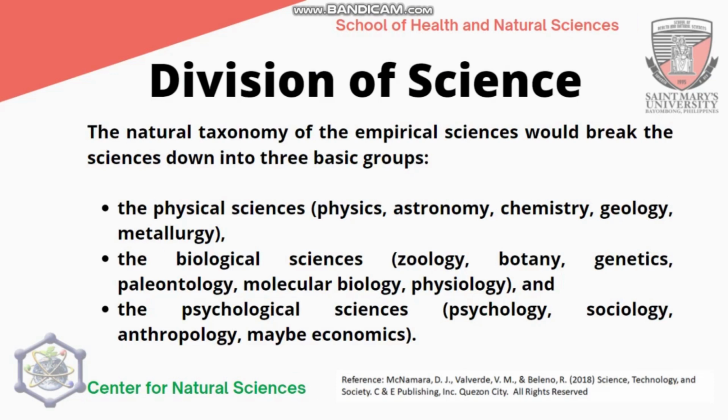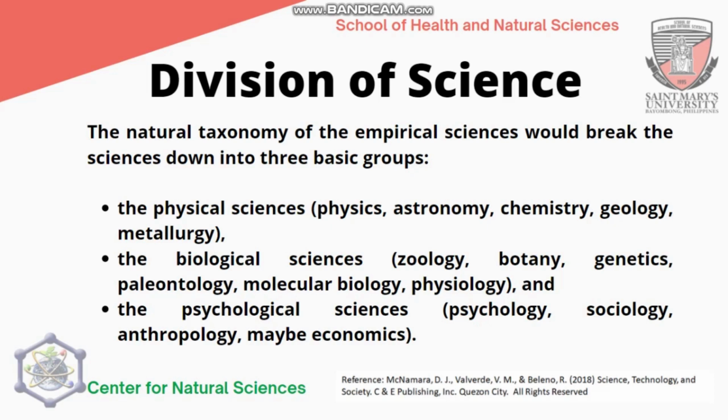What are the different divisions of science? So the natural taxonomy of the empirical sciences would break the sciences down into three basic groups. What are these? So we have the physical sciences, such as physics, astronomy, chemistry, geology, metallurgy. So from the word itself, it deals with the physical world that we live in.